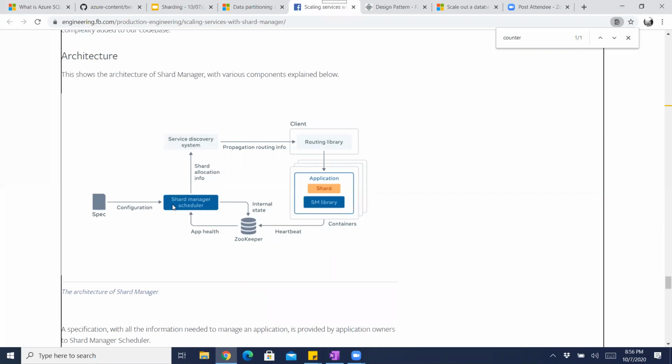Then based on all of that information, it pushes it to the client library, and the client can take care of the routing. That's how I'm interpreting some of the things you mentioned. Does that make sense, or did I interpret it right?